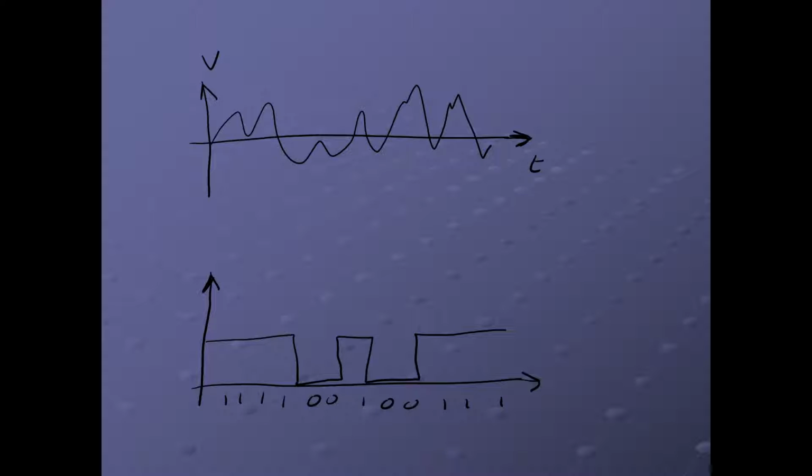When you speak on your phone, your voice is an analog signal. Your phone then changes that into a digital signal so that it can be transmitted across the network. Okay, so that is, very roughly, analog and digital signals.